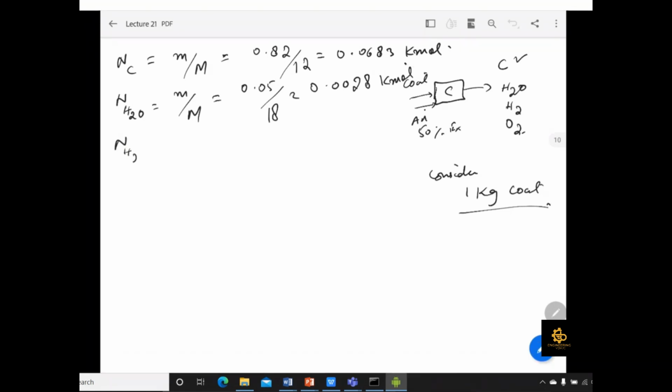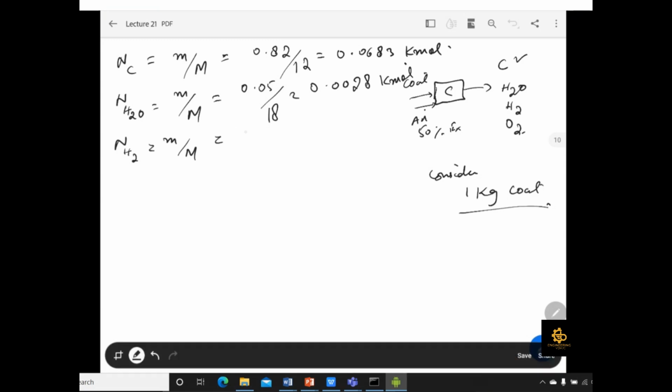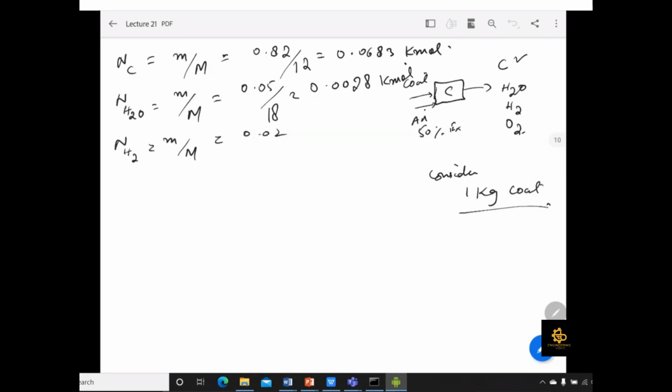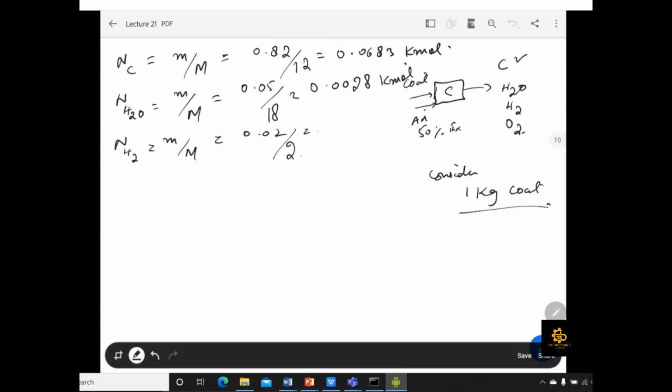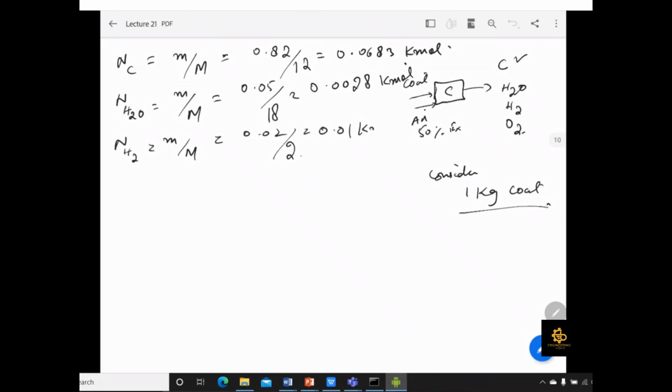Number of moles of H2 is the mass of H2 over the molar mass of H2. The mass of H2 is 0.02 because 2% is present, divided by 2, the molar mass of H2, and you will get 0.01 kilomole.